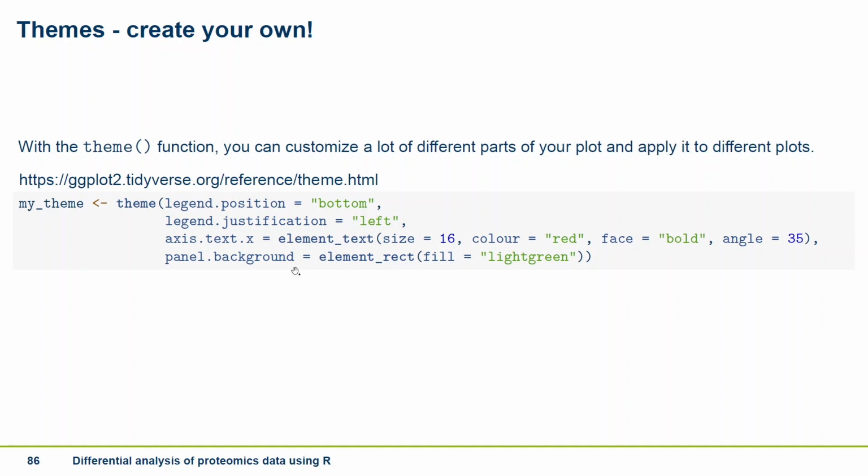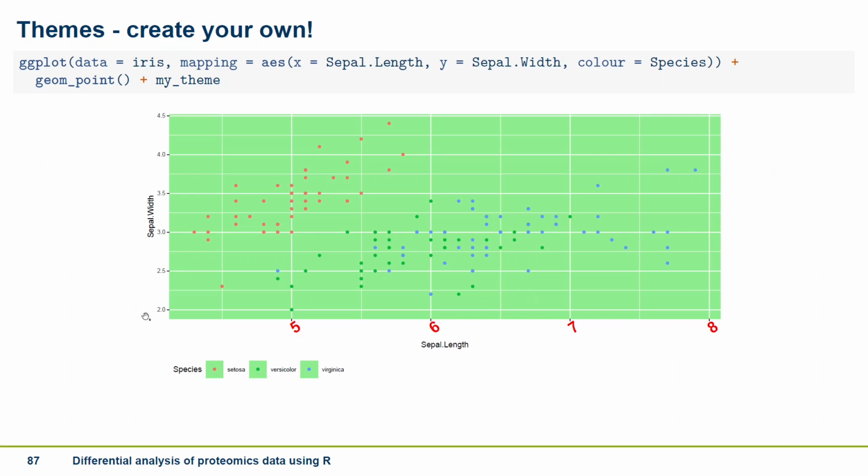And we have a background that is light green color. And now we apply this to a plot, and you will see how this looks like here. Of course, this theme doesn't really make any sense for practical reasons, but it's just to show you which elements you can basically change with this theme here.